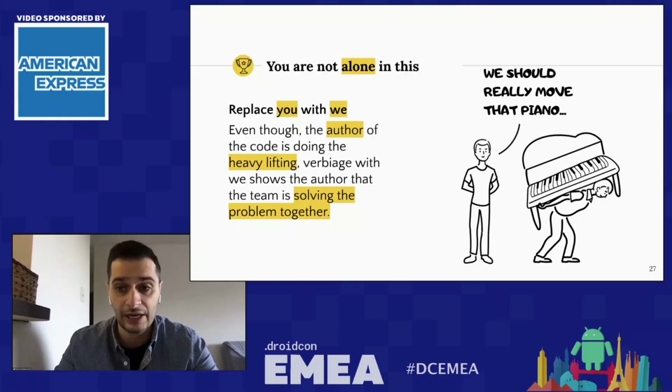But if you rephrase and say, "Can we change this line of code?" then this sounds like we are solving the problem together, even though the author of the code is the one doing all the heavy lifting, all the work. But it tells them that if they get stuck or if they need help, you're there to help them. You're there for them. So this is exactly what the good developer did.